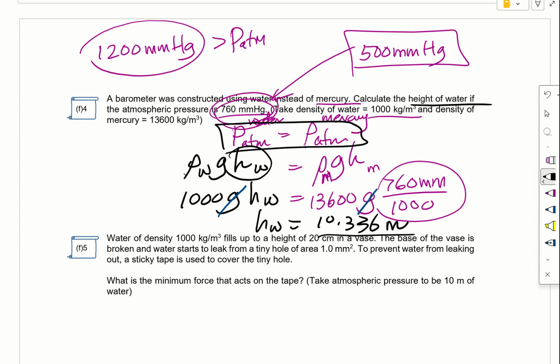If you remember, if I use a simple barometer that uses mercury, the height is 0.76 meters, around there. That means for water, I will actually need to use a glass tube that is 10 meters long, and that is very inconvenient.